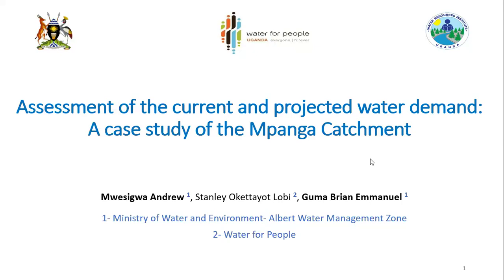Let's say the restoration is 100%. Can River Mpanga meet all those water demands, or may we need to look for other sources of water?